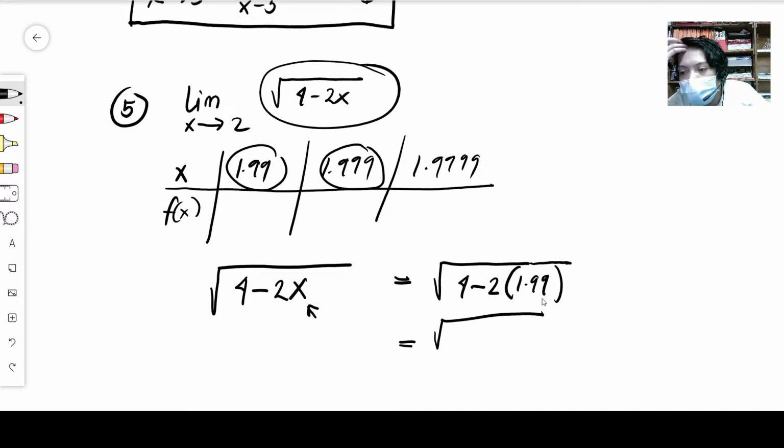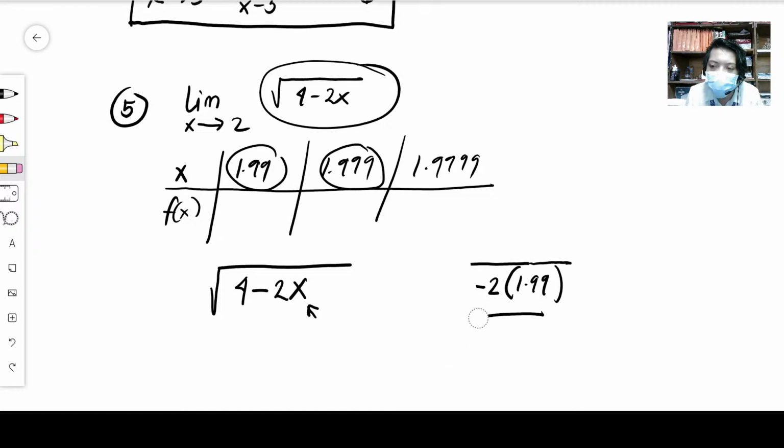Oh, I'm sorry, I was wrong. It will not be imaginary. Let me explain it again. Yes, correct, I was wrong, because 4 is the maximum. 4 minus 4 is 0. Correct.